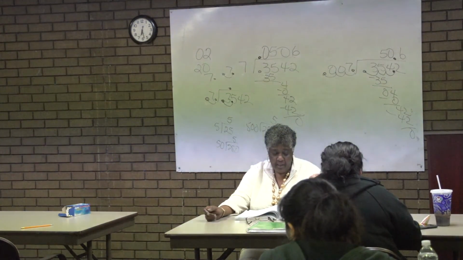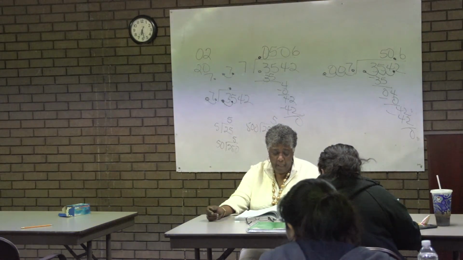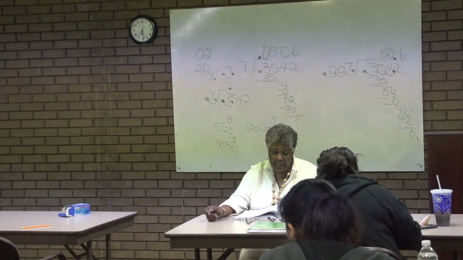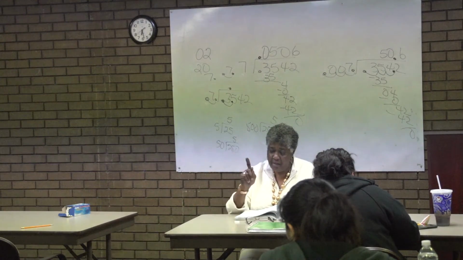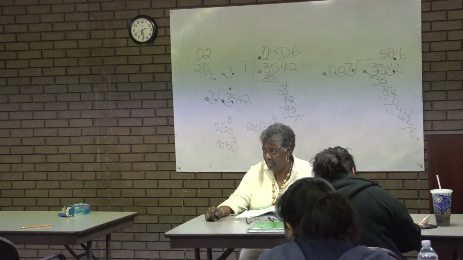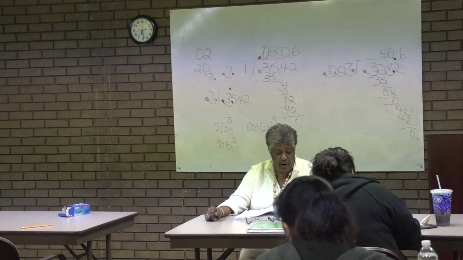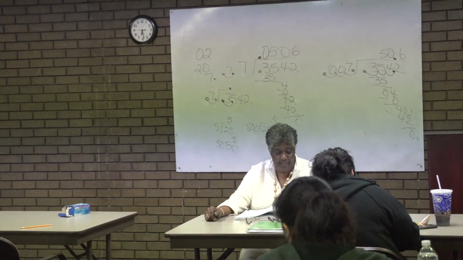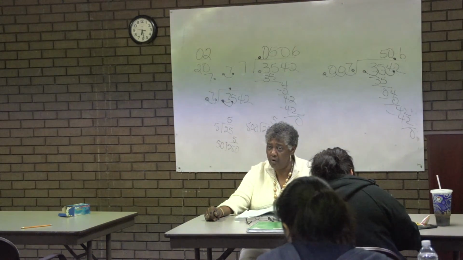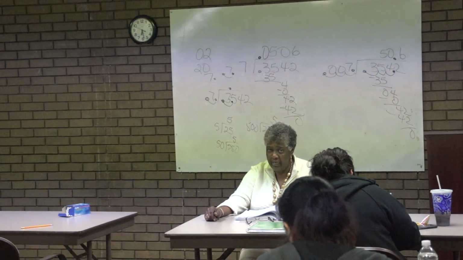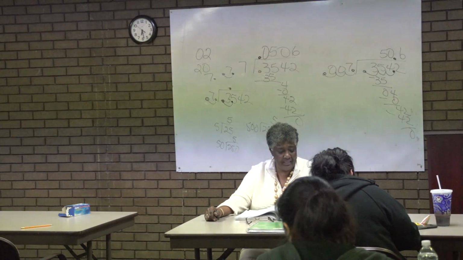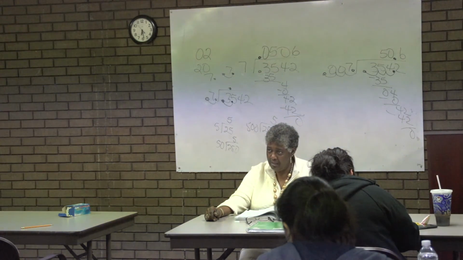Then in number 2, you have to understand, as I said earlier, that the fraction line is a division line. This says 3.24 divided by 0.04. Again, the number that's being divided goes in the box.